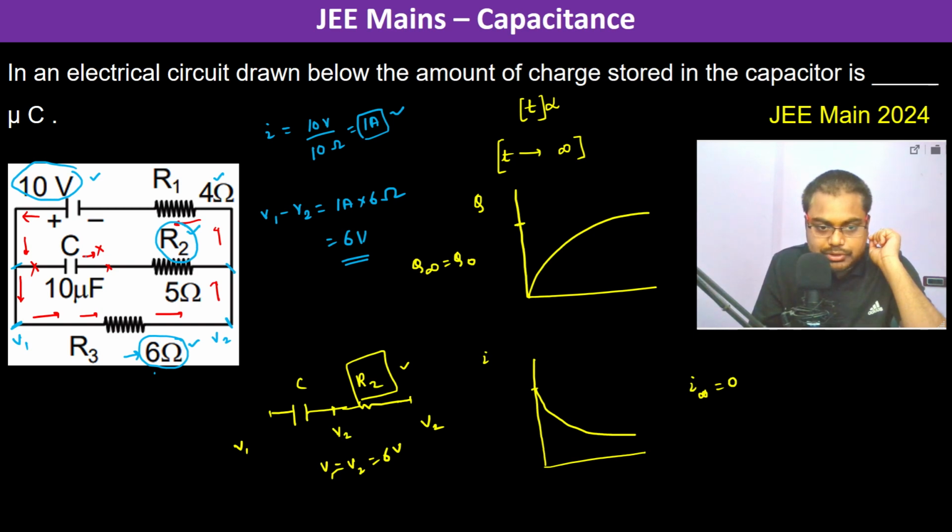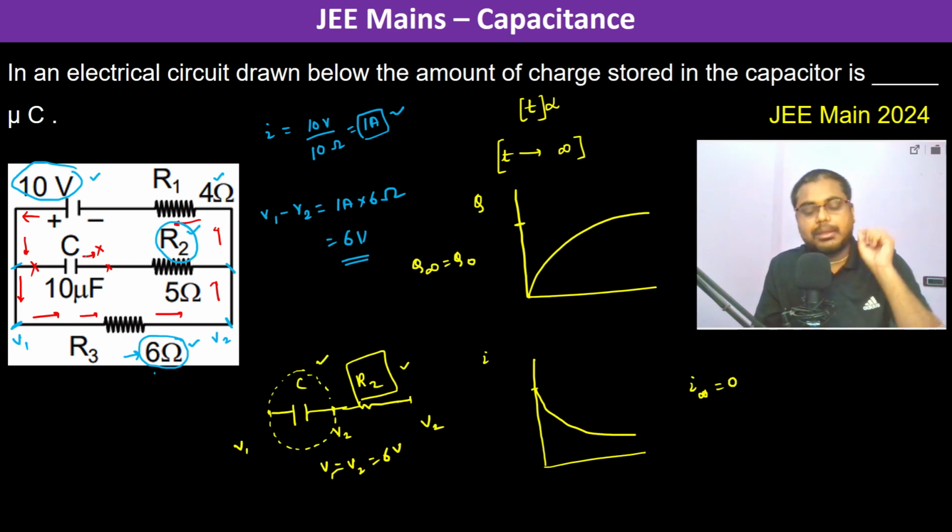So therefore if you see, the capacitor is connected like this. Okay, the capacitor is now connected like this, and therefore it has a potential difference of 6 volts across its ends. Now we have to do it very simply.